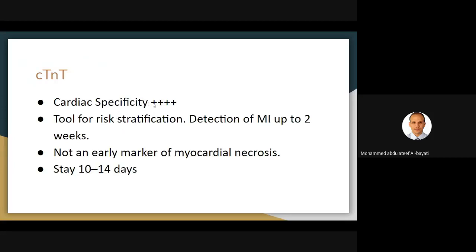Cardiac specificity is considered 4+, and 2+ for risk stratification. So the value of cardiac troponin T correlates well with the outcome or prognosis, or stratification of the risk for these patients.